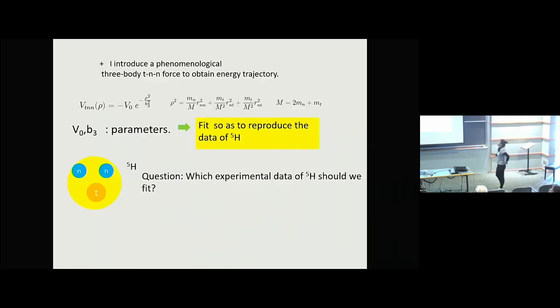So now, again, here we use the 3-body force. V0 and V3 are just free parameters, so we should fit them so as to reproduce the data of hydrogen 5. However, we have a question: which experimental data of hydrogen 5 should we fit?